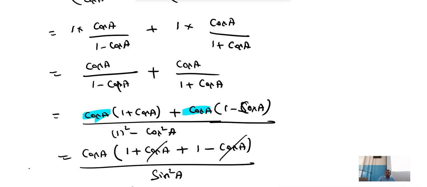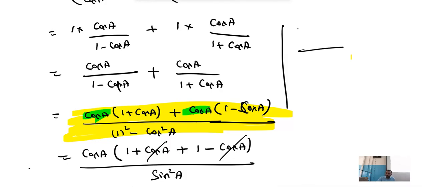See this step. 1 minute. Wait. Look at here this step. Can you see? Let me first simplify this step. A plus B into A minus B. This is A plus B. 1 plus cos A into 1 minus cos A is 1 minus cos square A. Kevita. Now this entire term we have to multiply by LCM.